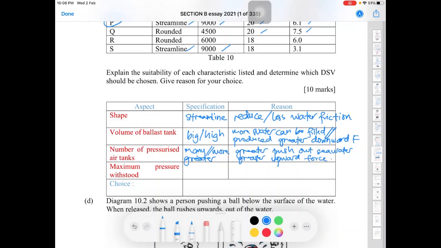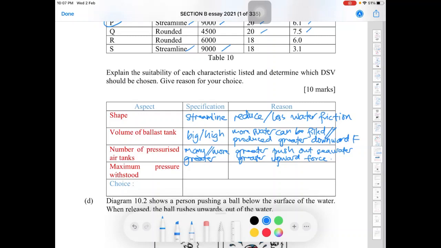So maknanya kalau ballast tank you besar, that means easier to suck in the water in. So bila water masuk dalam ballast tank menjadi berat. So dia akan terus tenggelam cepat ke bawah. And at the same time, bila you nak dia cepat naik ke surface, that means you ada greater pressurized air tank to push the water out so that it become lower density dan dia akan terus naik atas.